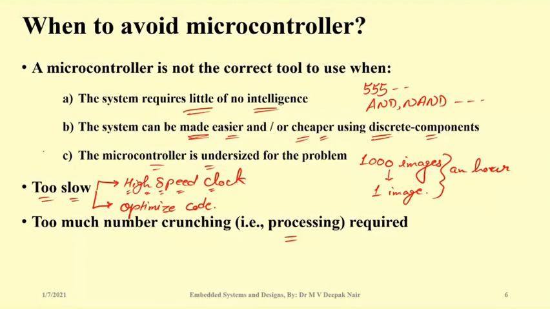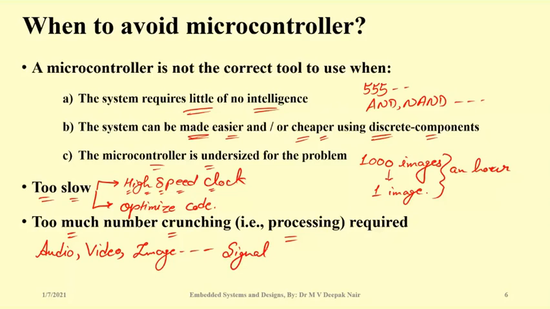You should avoid microcontrollers when you have lots of number crunching, that means lots of processing, like audio processing, video processing, image processing, and in general signal processing.